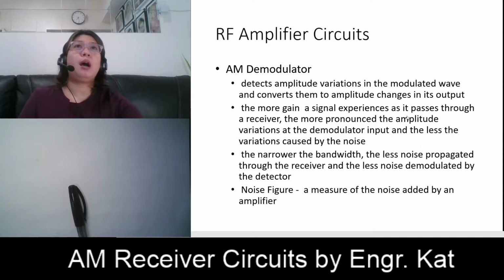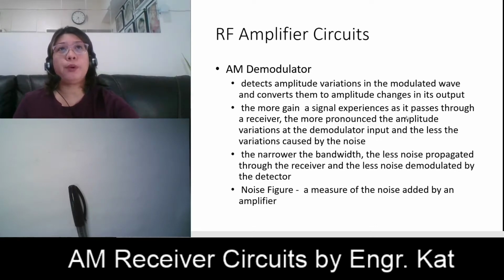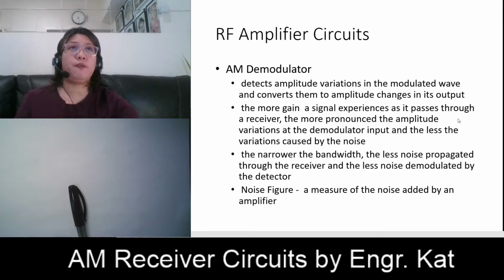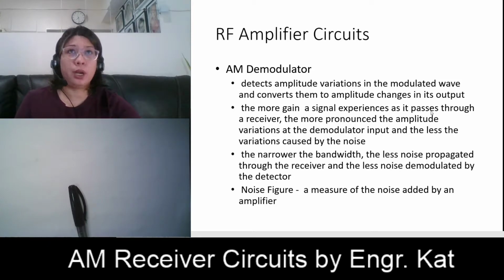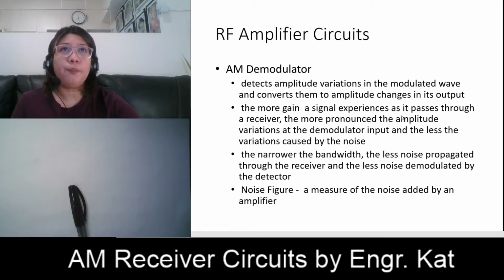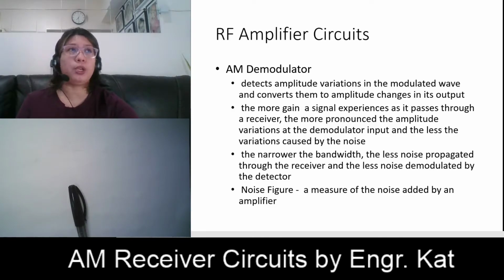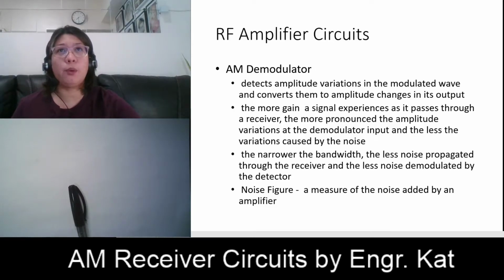The two most important parameters for our receiver are amplification and noise figure. Consequently, the amplitude variations caused by noise are converted to erroneous fluctuations in the demodulator output. Thus, the quality of the demodulated signal is degraded.